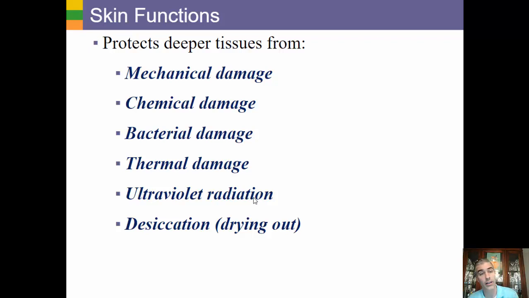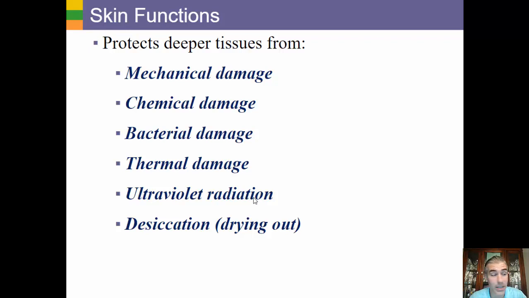If you ever have a cut on your finger though, and you've probably experienced this, you're probably not playing with hydrochloric acid, hopefully, but if you've eaten fruit that has citric acid or vinegar, and you get that in your finger, if you have a cut, that really burns, right? But if you just get it on your regular skin, it doesn't. That's because the skin provides protection from that chemical damage.